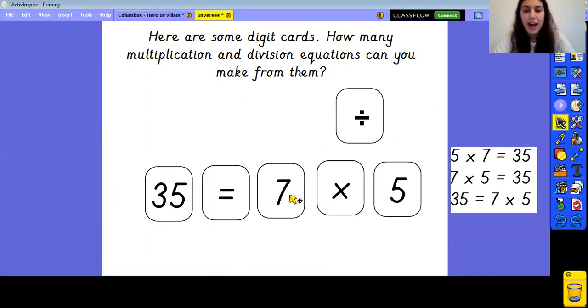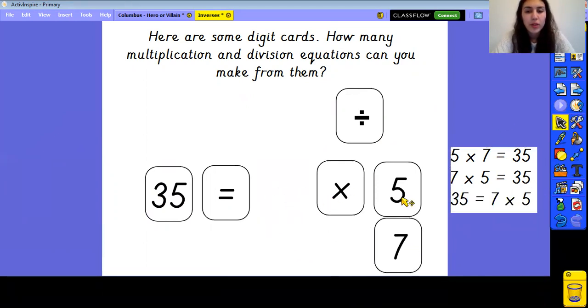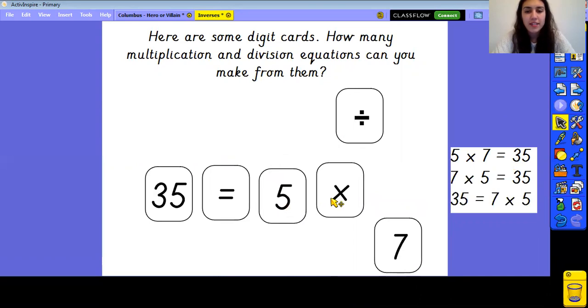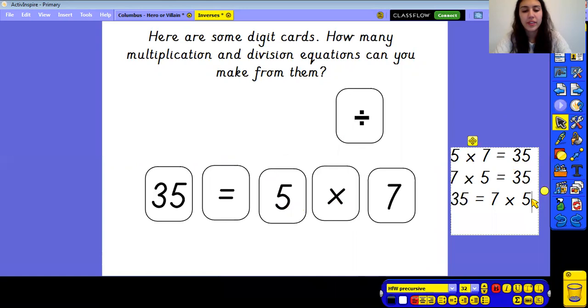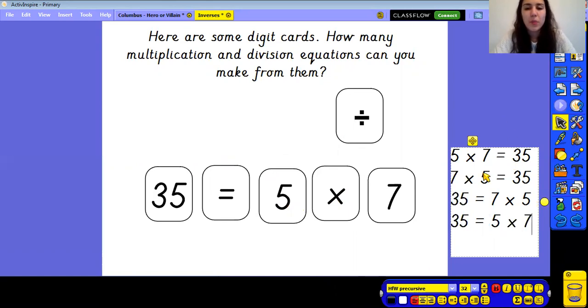But I could also rearrange my factors in this equation as well to say that 35 is also the same as 5 times 7. Now, I'm pretty sure that at this point we've exhausted all of the options for our multiplication.